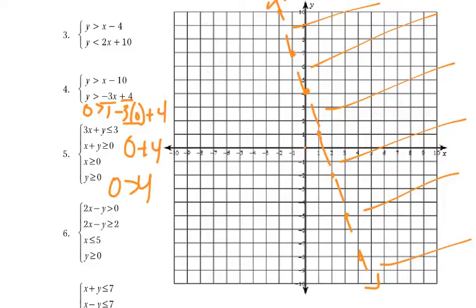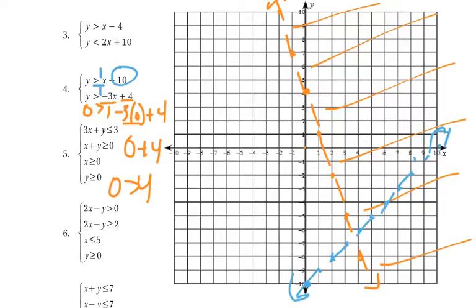Now we do the next one. Okay, negative 10, so we start at negative 10. Slope of 1 over 1, so up 1 to the right 1. So follow that pattern. We already said it was non-inclusive, so we do a dotted line.